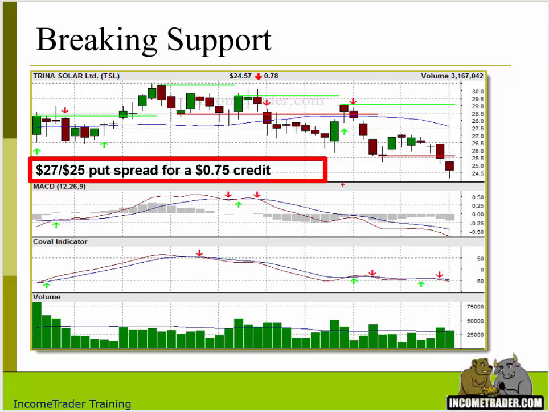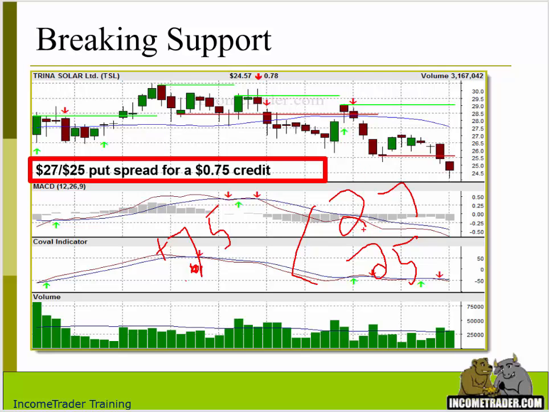Let's see how much you're understanding on this. If you sold the 27 put and then you bought the 25 put, you're only exposed to these $2. But you've already brought in 75 cents, so we know that worst case scenario, if we take the strike price you sold, which was 27, and subtract the money you already brought in, which is 75 cents, that's where your break-even price would be.